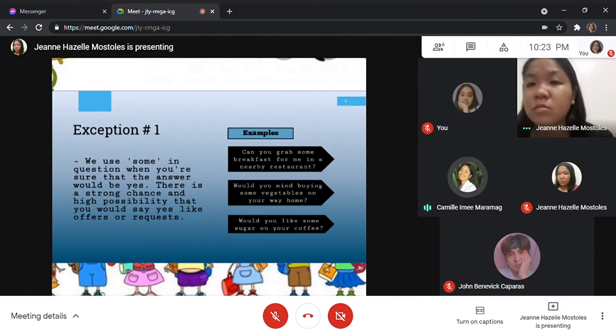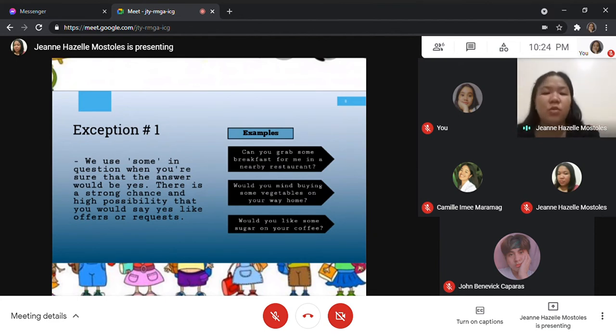Examples: Can you grab some breakfast for me in a nearby restaurant? Would you mind buying some vegetables on your way home? Would you like some sugar in your coffee? Thank you, Amy. As you can observe, the example sentences are offers and requests. Even though they are interrogative sentences, they use the word some because they are offers or requests, as stated in exception number 1.